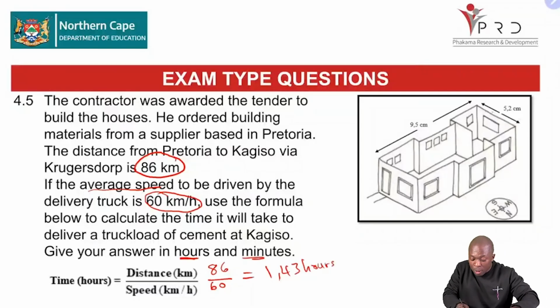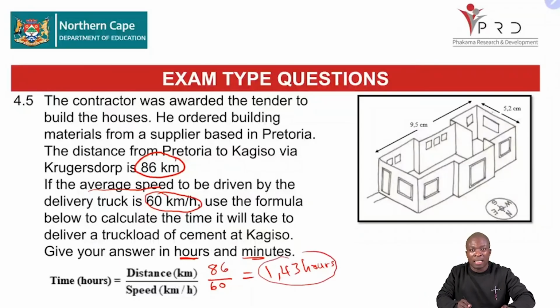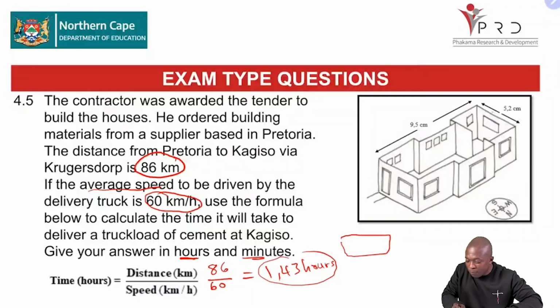But remember, the examiner wants the time in hours and minutes. It does not mean you say 1 hour 43 minutes. No, that is not how it goes. You go back to your calculator while your 1.43 hours is still on the calculator. Then there is a small button on your calculator which looks like this on your Casio. I want you to see if you can find it. It's like a dot with apostrophes.